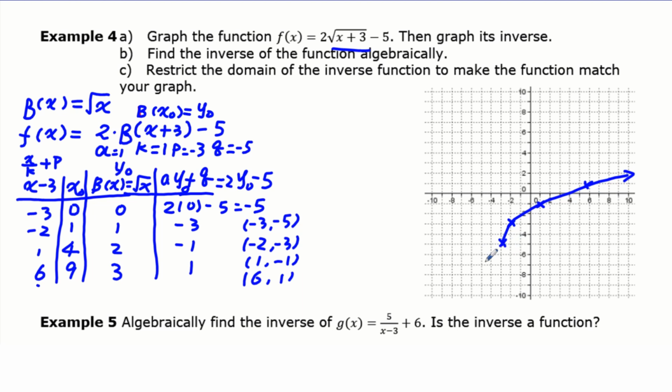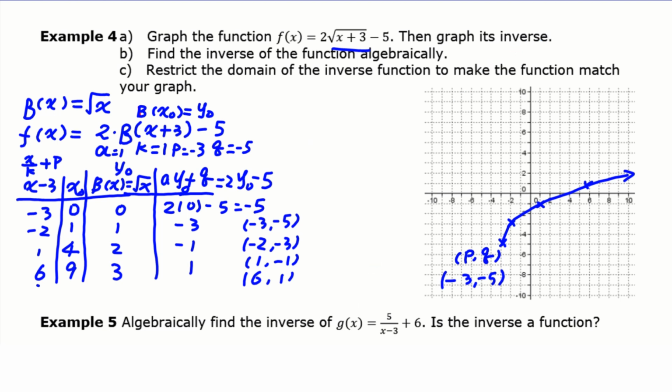This p, q is your starting point. So the 0, 0 point becomes p, q after the transformation. It is -3, -5. Then after that, it asks you to graph the inverse.